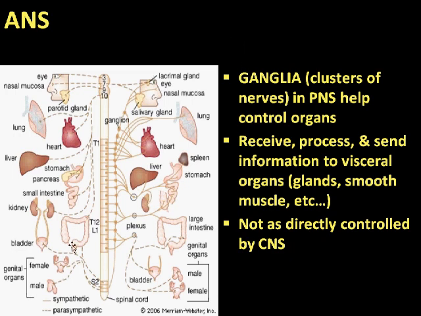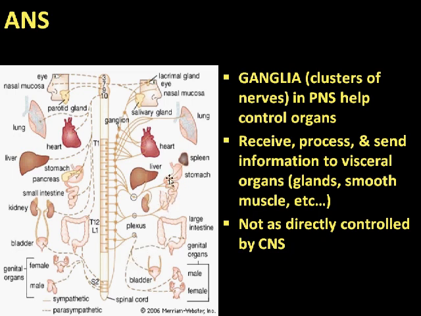And this diagram gives you a quick picture of where certain parts of the nervous system are controlling different parts of your body, digestive system and other things. And basically the job of the ganglia is to receive, process, and send information to all of these organs.